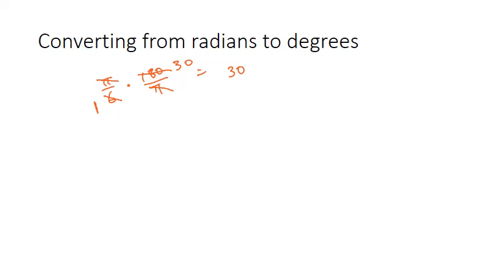Let's try another one. Let's say we had pi over 4, and we wanted to convert that. We could say this is basically 180 divided by 4, and if you divide that yourself, you get 45. But a second way to do it is to multiply by the conversion factor, so pi over 4 times 180 over pi.